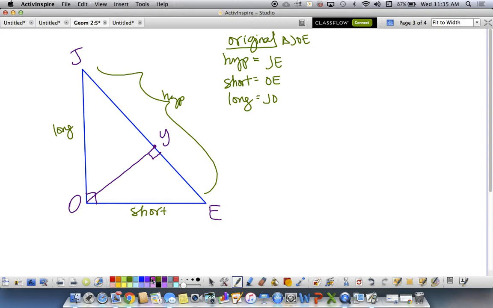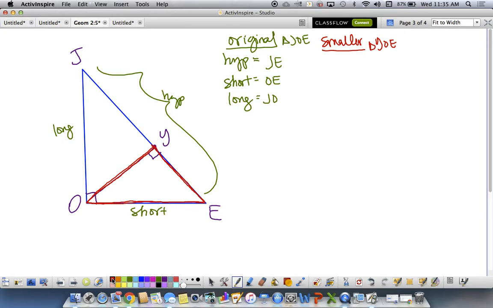All right, let's see about my smaller triangle. Does everybody see my smaller triangle? So the smaller triangle, what's its name? Y. Triangle, you can name it YOE. Okay.